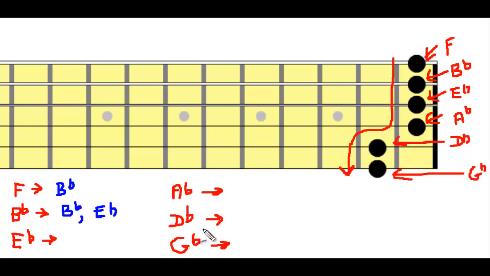Okay, you're probably getting the idea now. I'm going across to the key of E flat. The new note that's going to be added to our collection of flats is an A flat. So the key of E flat has three flats: B flat, E flat and A flat.